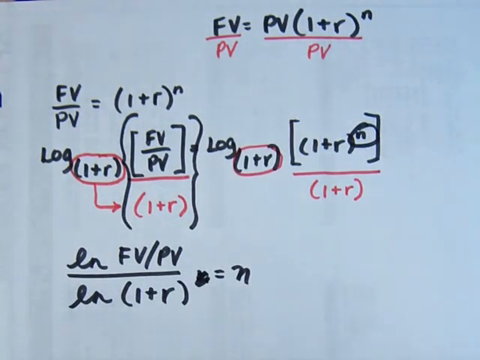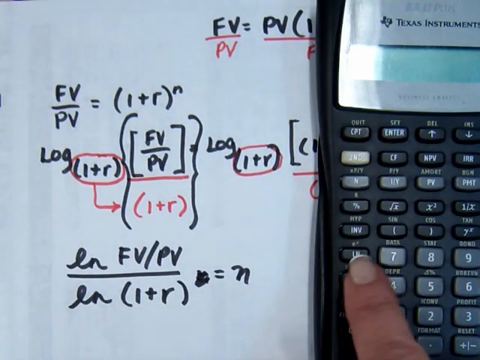And that matches the formula on page 61. Now when you get to this part, you would need your calculator with your natural log button.